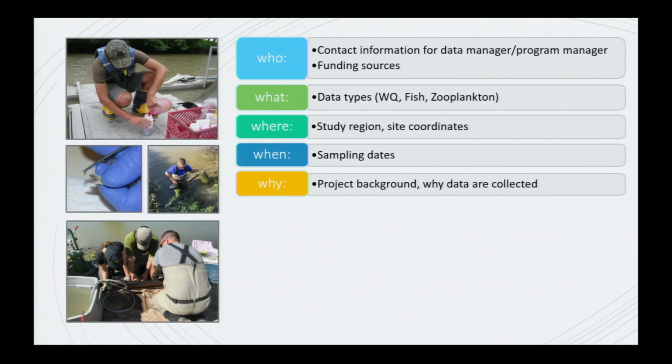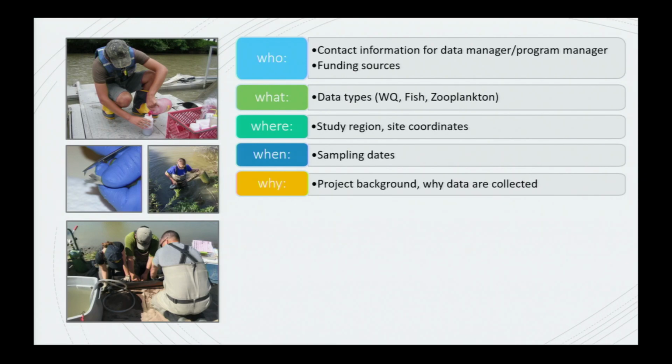Your when will be your sampling dates. You can talk about the whole range of your study, or also include specific seasons that you're going out, anytime you've changed the dates here. And we'll go through specific examples later. So I'll talk a little bit more later about all of these categories.